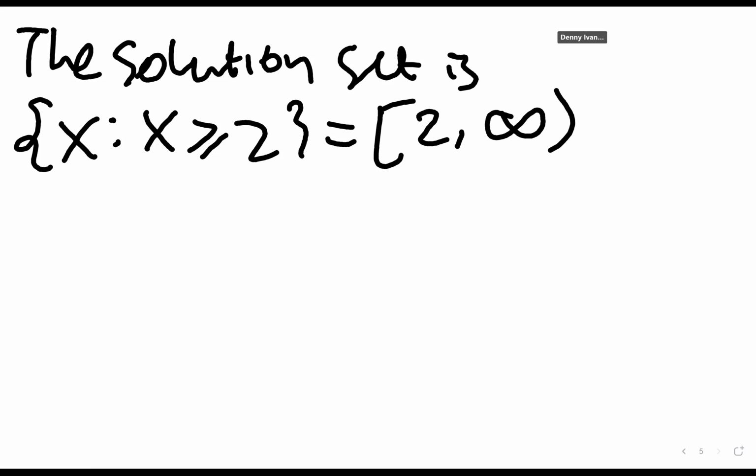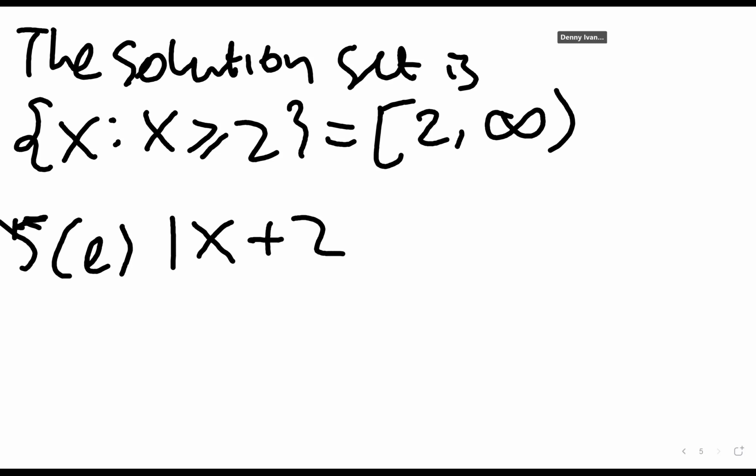Okay. 5e. For 5e here, I have the inequality absolute value of x plus 2 is less than absolute value of 2x minus 3.